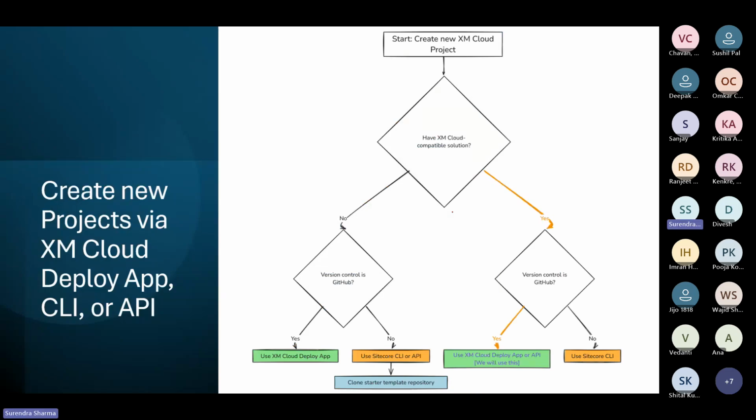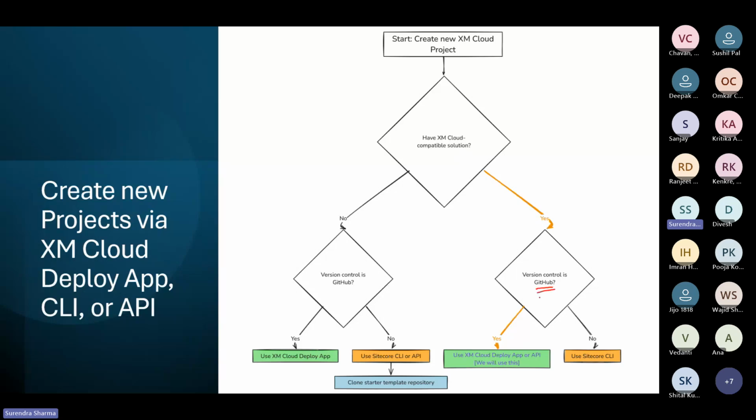Now, if you want to create any project on XM Cloud, there is one thing you need to set up before starting the project: whatever solution you are going to create, is it XM Cloud compatible, or is it an old project, or a new solution? If your answer is yes, that your solution may be XM Cloud compatible, then you have to specify which code repository is being used.